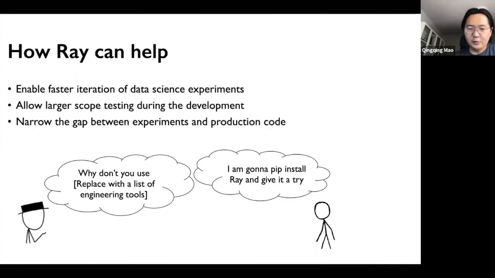So I think Ray here really enables faster iteration of data science experiments, and it allows a larger scope of testing during development. Data scientists can have a more complex pipeline and just write their usual Python functions. And then you can just execute the function end to end.